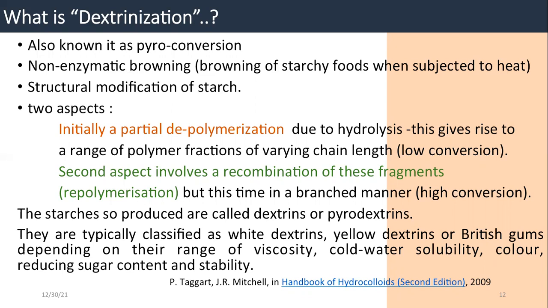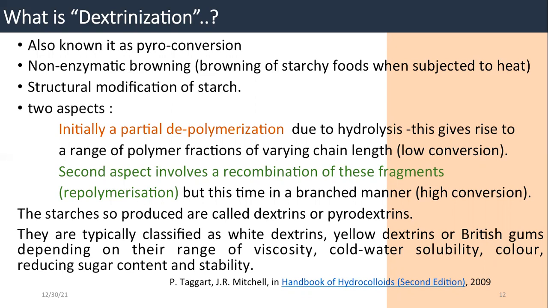As an example, just imagine we take 100 grams of wheat flour, mix with water and increase the temperature. Then you can imagine the textural changes. Initially depolymerization, then repolymerization.